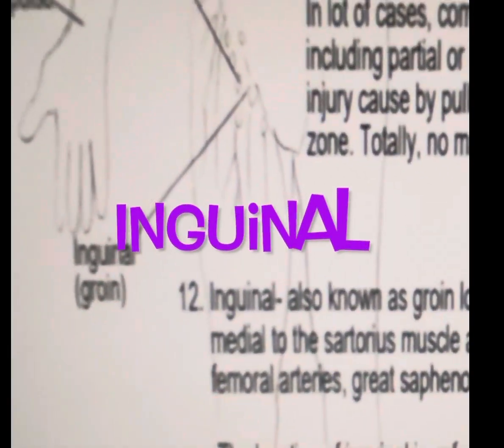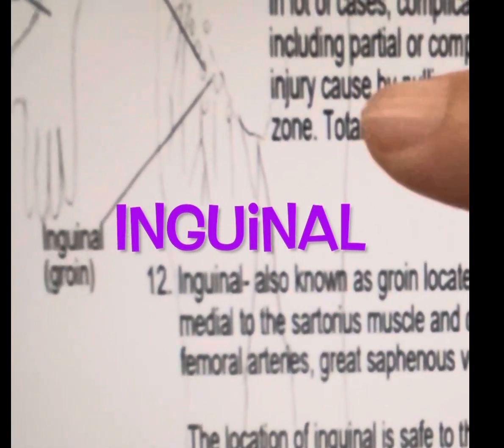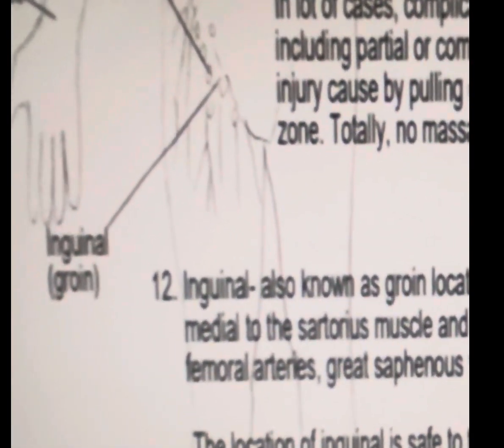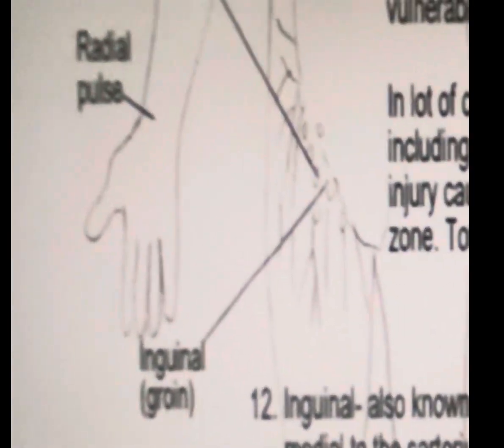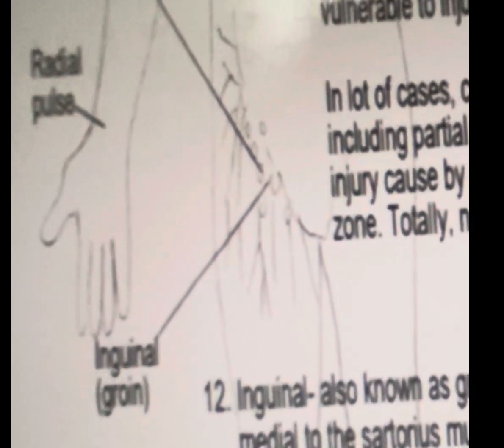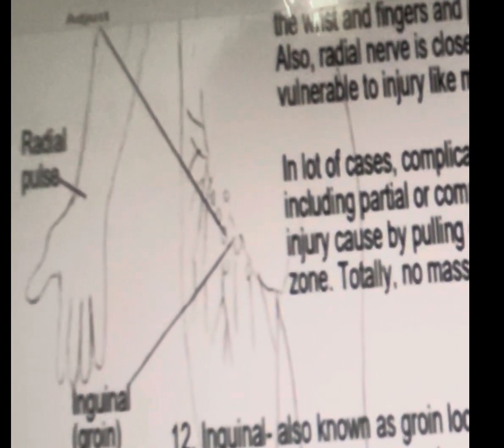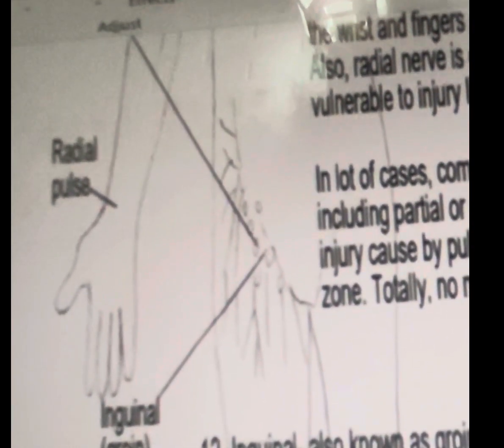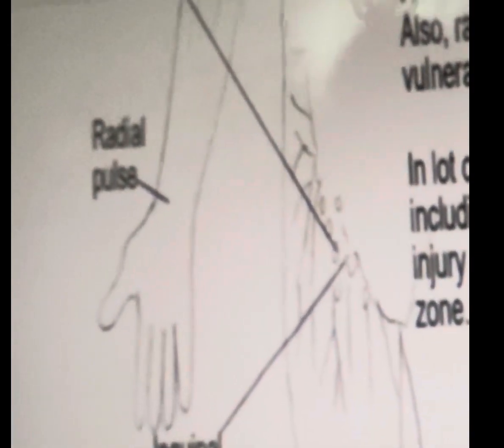The other one is the inguinal area, also known as the groin, located lateral and inferior to the pubis and medial to the sartorius muscle, and it contains the external iliac arteries, femoral arteries, great saphenous vein, femoral veins, and femoral nerves.